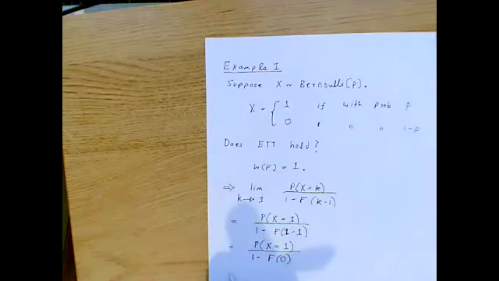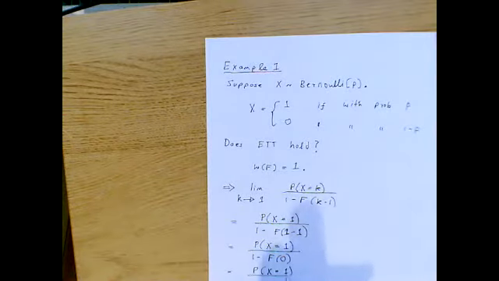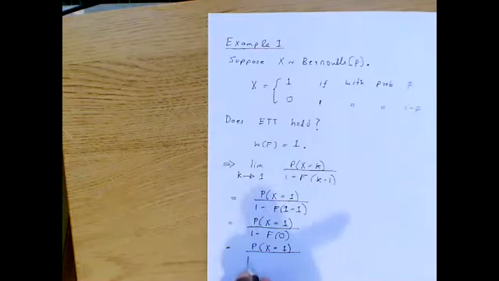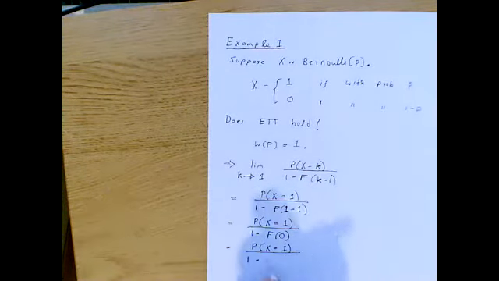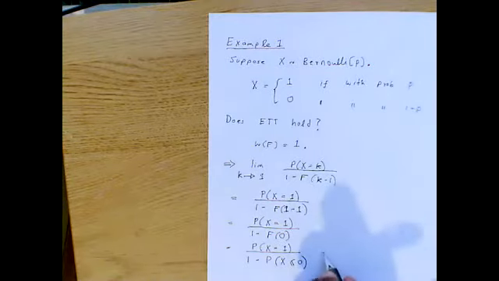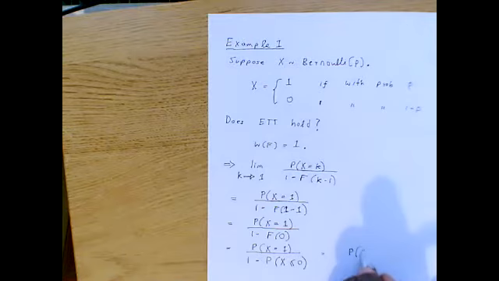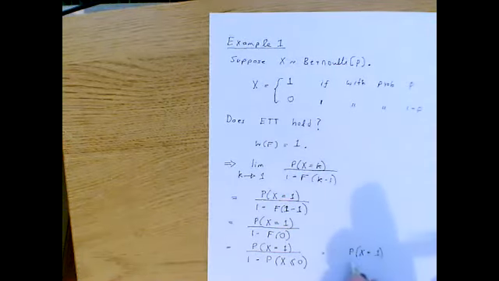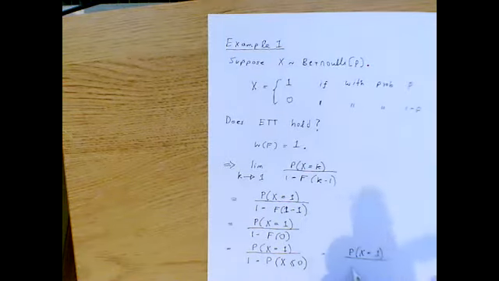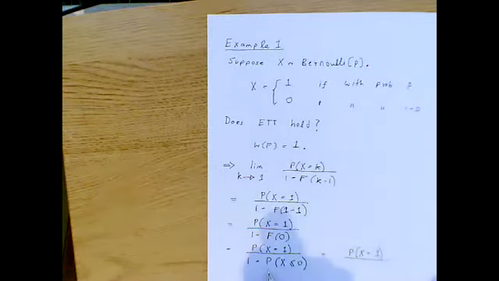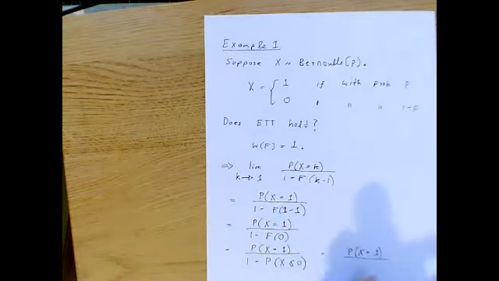Now this is the probability that X equals 1 divided by 1 minus the CDF at 0, and the CDF at 0 is simply the probability that X is less than or equal to 0. 1 minus the probability that X is less than or equal to 0 is the probability that X is greater than 0.